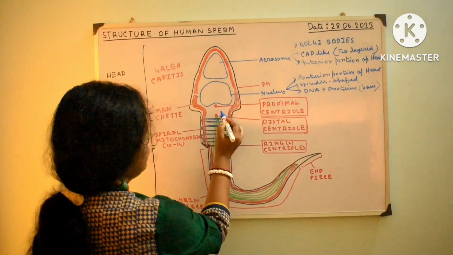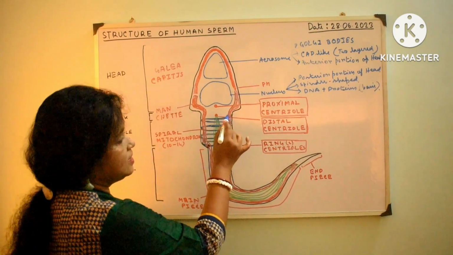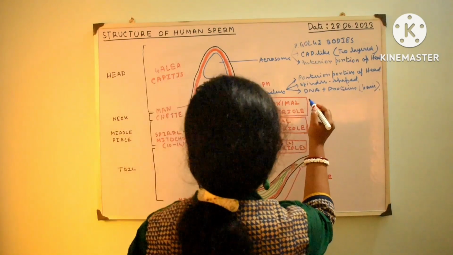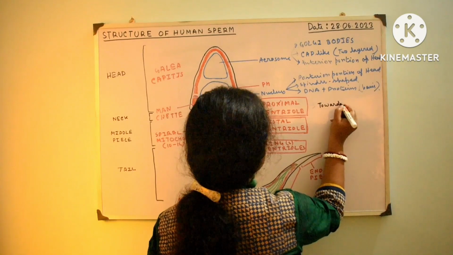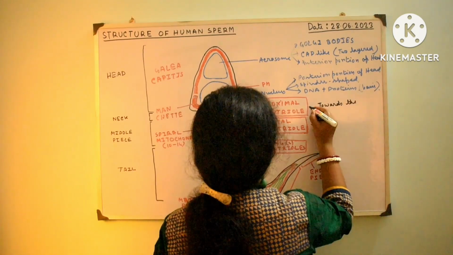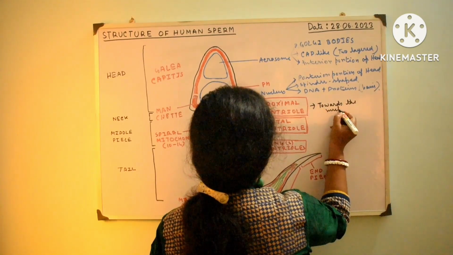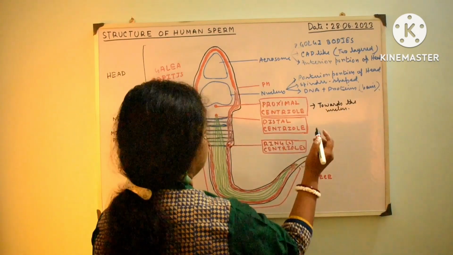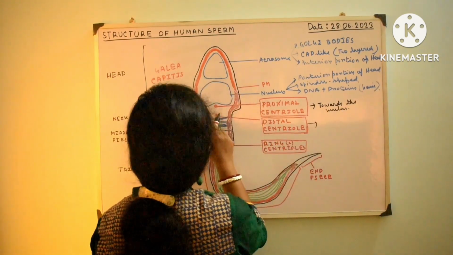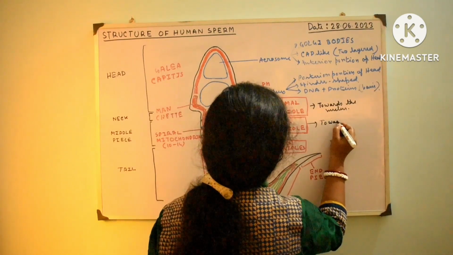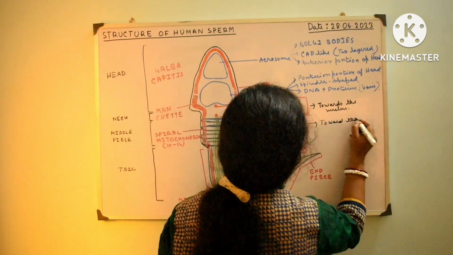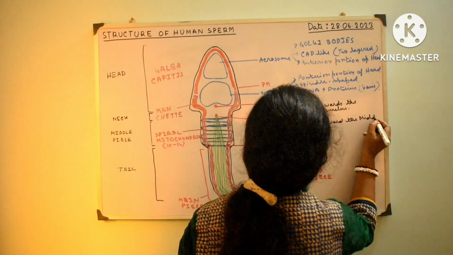The proximal centriole is present towards the nucleus. The distal centriole is present toward the middle piece.